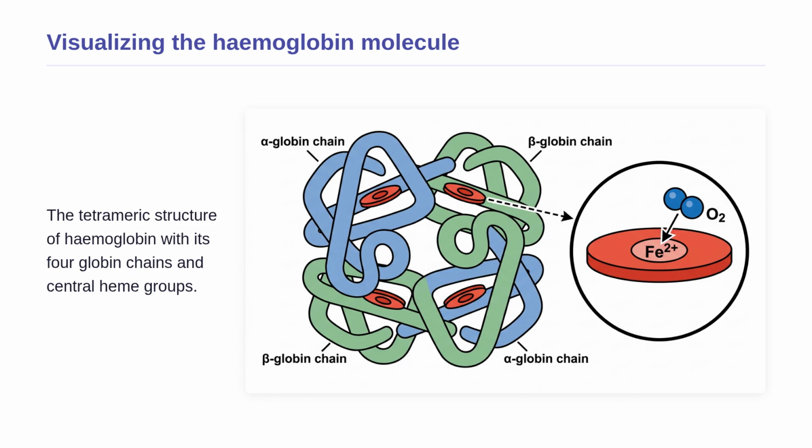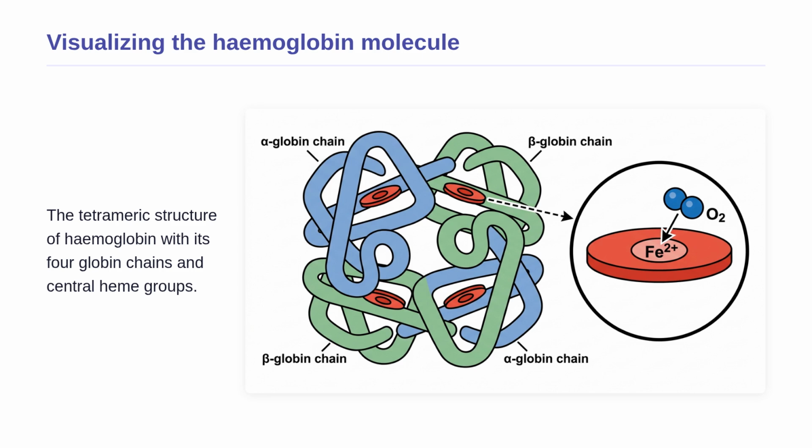Let us visualize everything we just discussed. On your screen is a detailed schematic of a single hemoglobin molecule. Notice the 4 distinct folded ribbons. These are the 2 alpha and 2 beta globin chains. Nestled inside each folded chain, you can see a flat, disc-like structure.